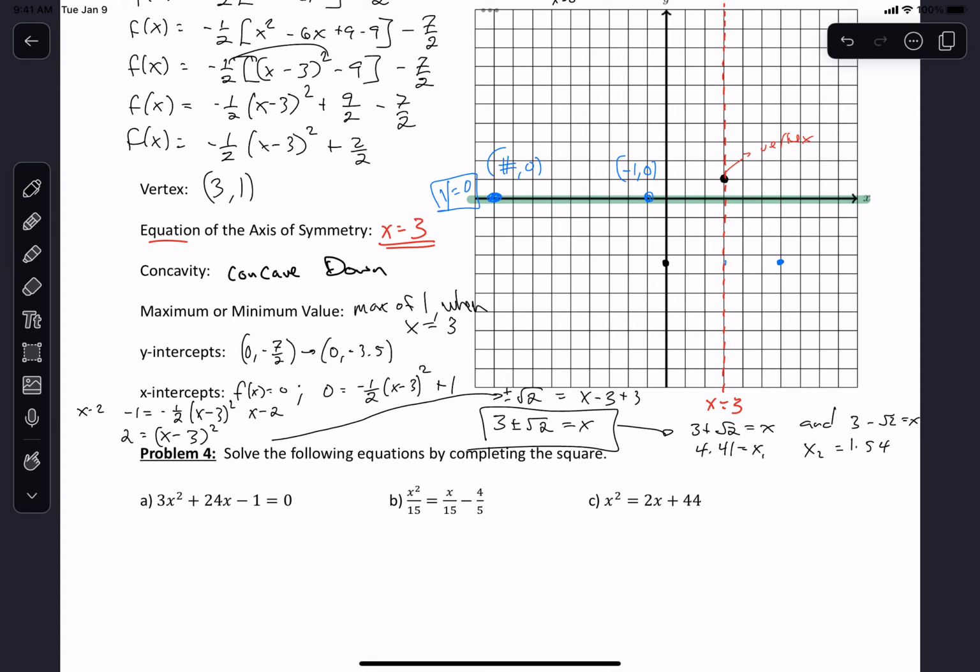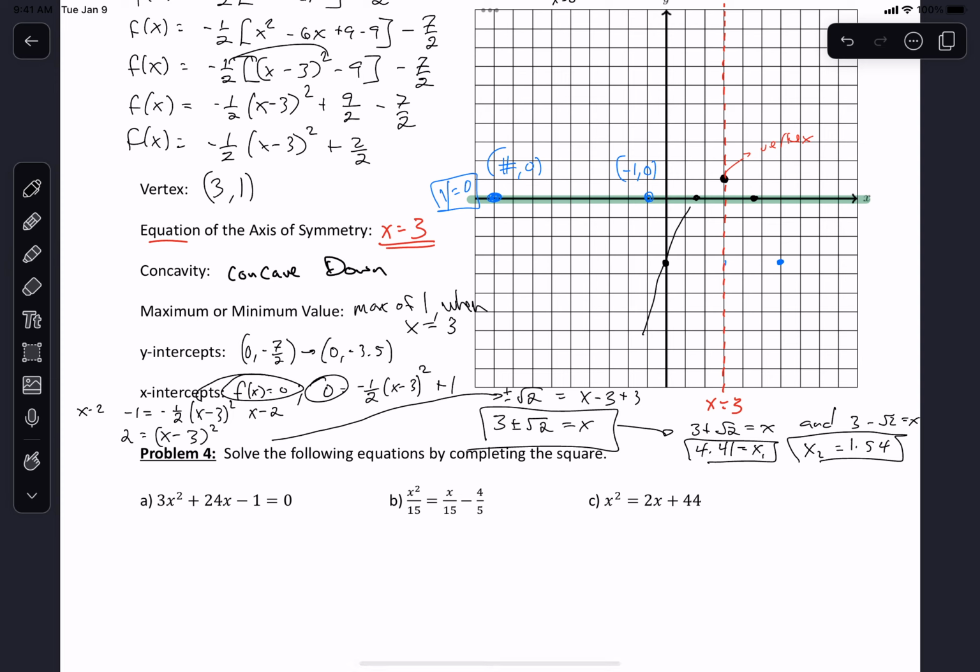Okay. So I can plot those. They're x-intercepts. They have y values of 0, remember, from the very beginning of the question. So we're going to go plot that. 4.41, 1, 2, 3, 4.41 is somewhere in here. And 1.54 is somewhere in here, which fits our graph pretty closely.